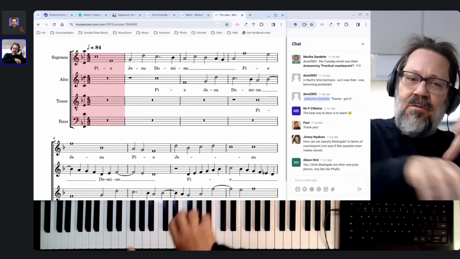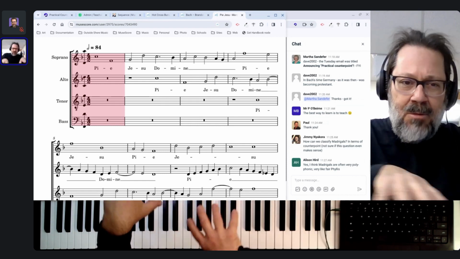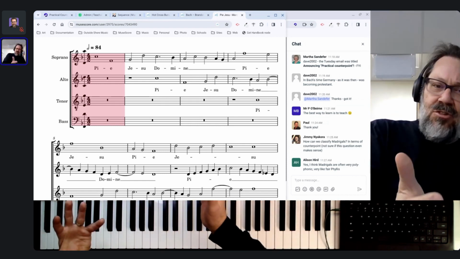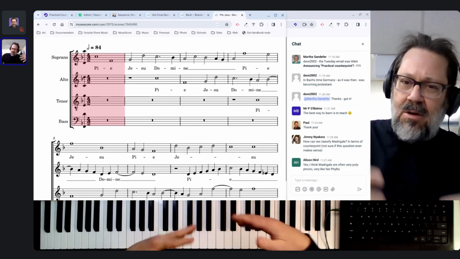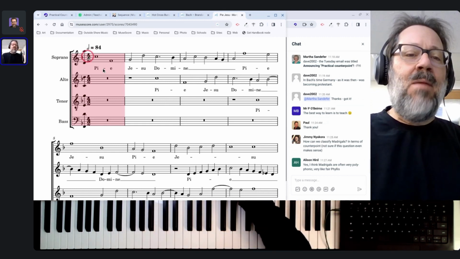And so that idea of a verse and a chorus, if we relate it to modern pop music or something, there'll be sections where everyone's kind of moving together, and then portions that are more contrapuntal. That's my experience with a lot of madrigals that I've heard.